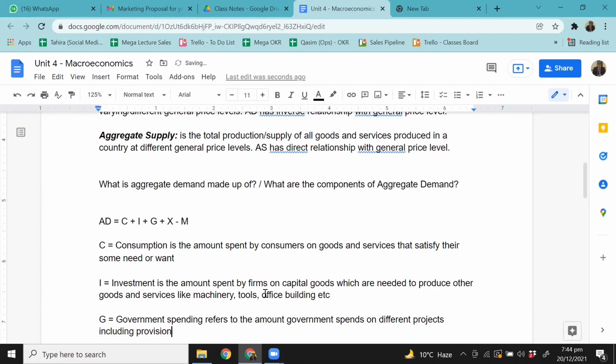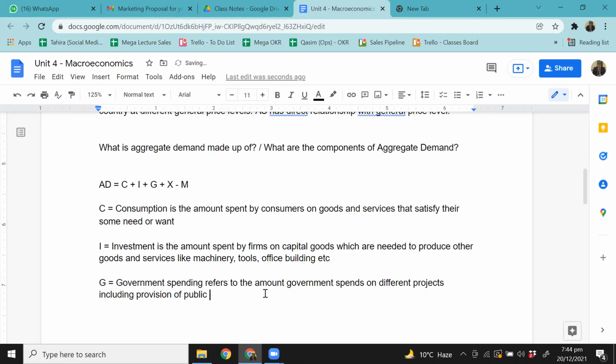What are public goods? Non-excludable and non-rivalrous. You would remember this from your AS level. Public goods like parks, roads, infrastructure, etc. So the money that the government spends on different projects is altogether known as government spending.